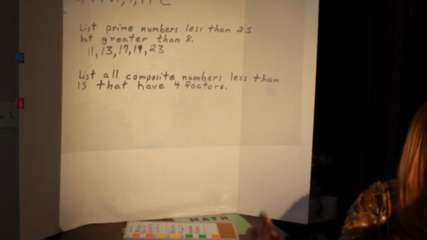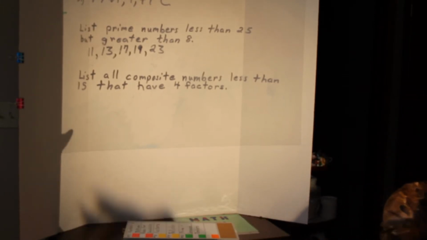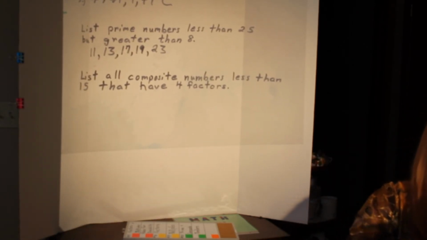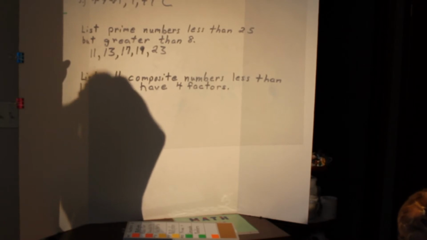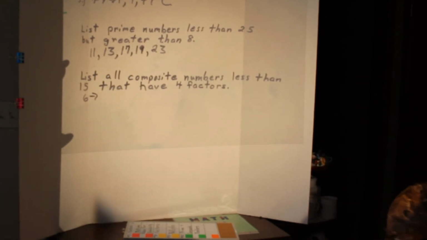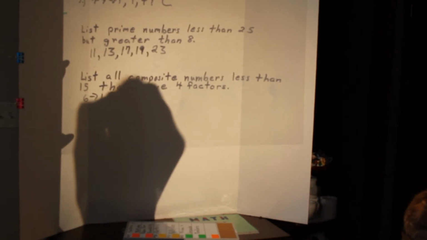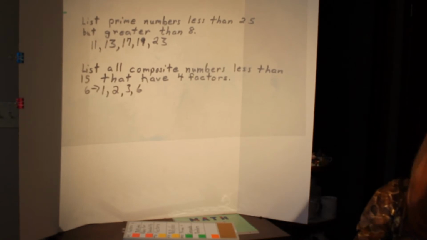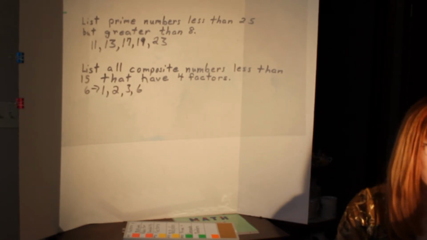So it only has 3 factors, so that's not going to work. 5, 1 and 5, so that's a prime number, so we're going to 6. 6 has 1, 2, 3, and 6, so it has 4 factors. 7 is a prime number.